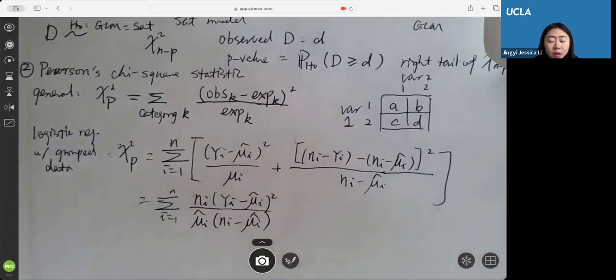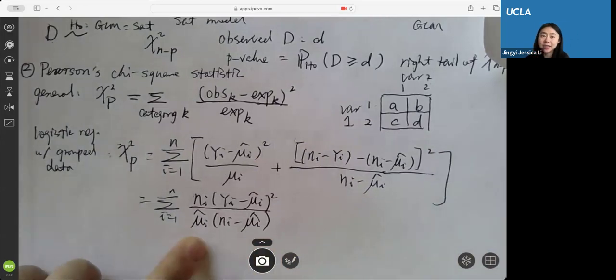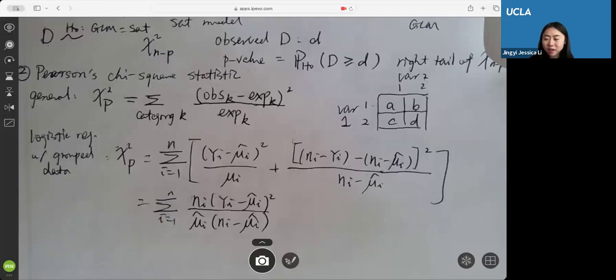So for this one, essentially, you can do the calculation. And this doesn't have that log 1 equals, log 0 equals negative infinity issue. So this formula can still be applied to individual data, so you don't have that issue at all. As long as you don't have, say, mu i hat being exactly 1 or 0.